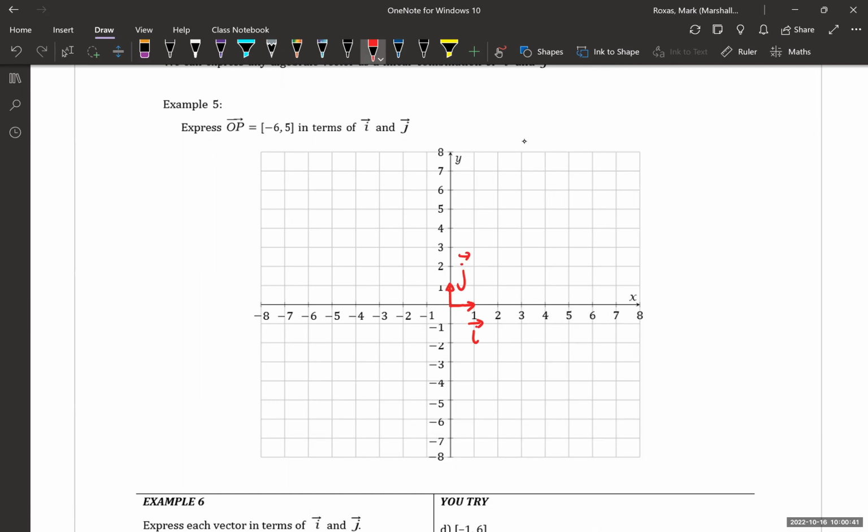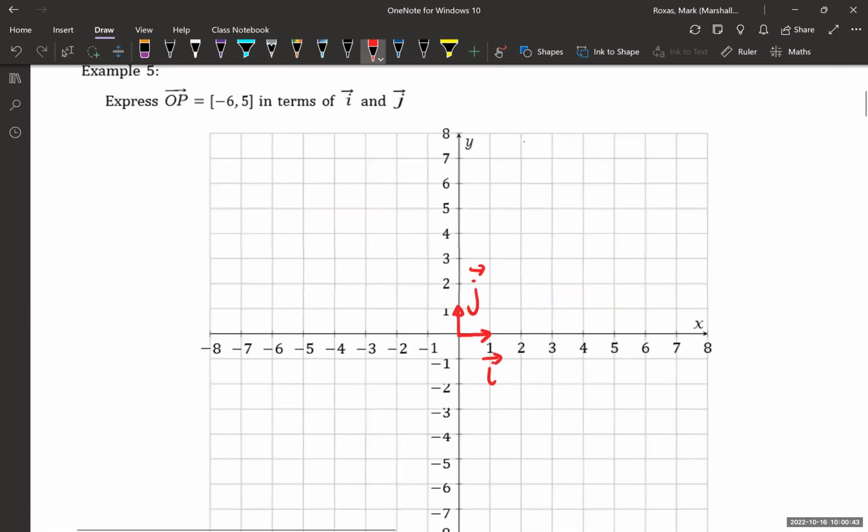I can use these two vectors to represent any other vector on the Cartesian plane. They're called unit vectors because they represent the smallest possible unit, not counting decimals, let's just say 1 unit big. In this example, I'm going to represent the vector from O to P, which is [-6, 5], in terms of i and j.